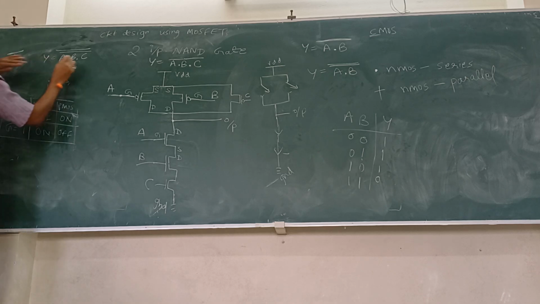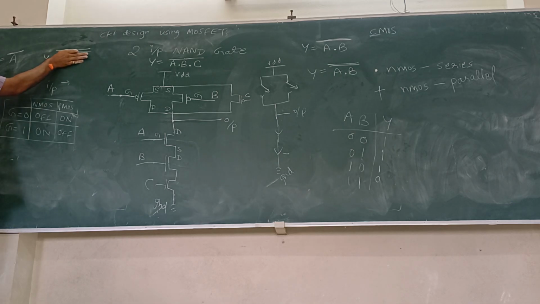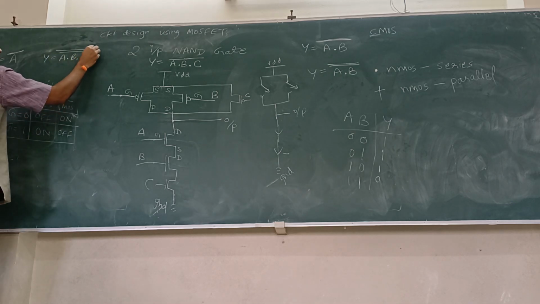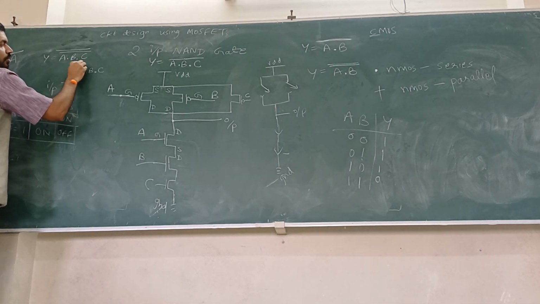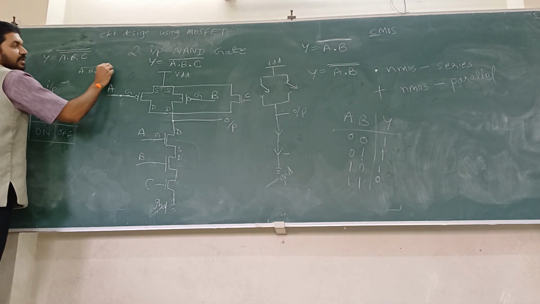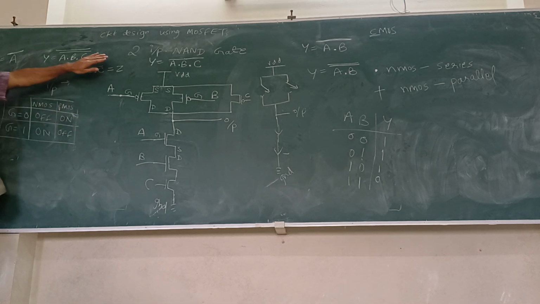Inverter. So you put A dot B dot C whole bar. Imagine that this thing is Z. So it looks like Z bar.